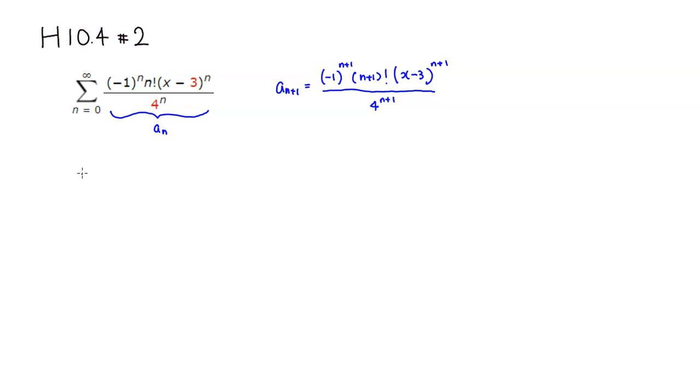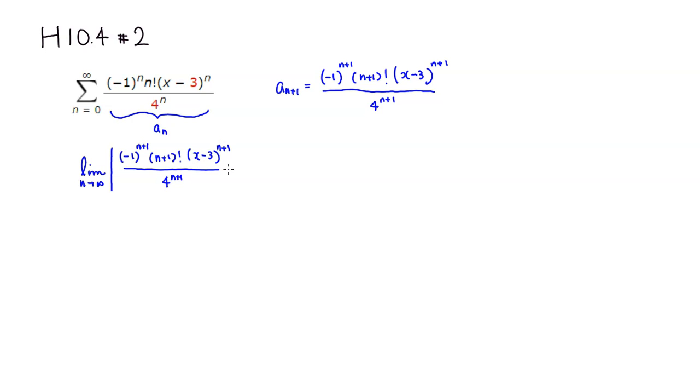So let's do the ratio test. You have a limit as n approaches infinity of the absolute value. Remember, you put a_(n+1). So you have (-1)^(n+1), the quantity (n+1) factorial, and then the quantity (x minus 3)^(n+1), divided by 4^(n+1), right?